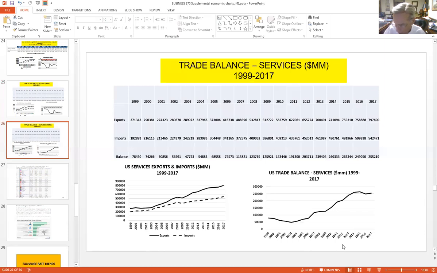So I think probably if you just imagine that line on the lower right-hand chart flattening, you'd probably have a pretty good estimate. But I need to update these charts.